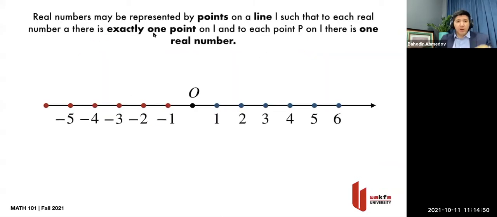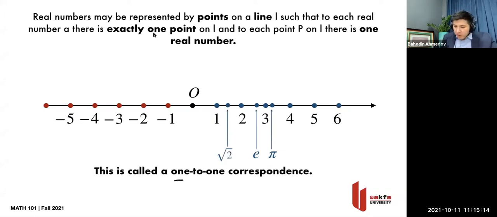Cool. So all of the real numbers can be represented as a point along the number line. And there is exactly one point corresponding to every single number. So we call this the point-to-point correspondence. I'm just going to show it here as well.